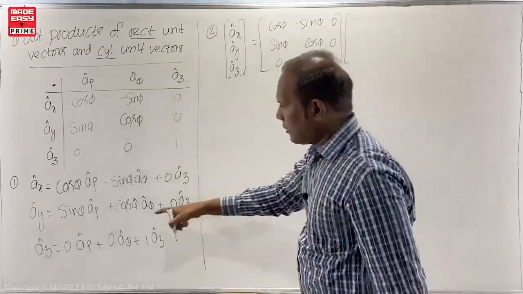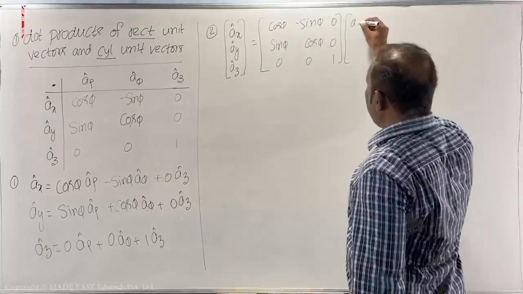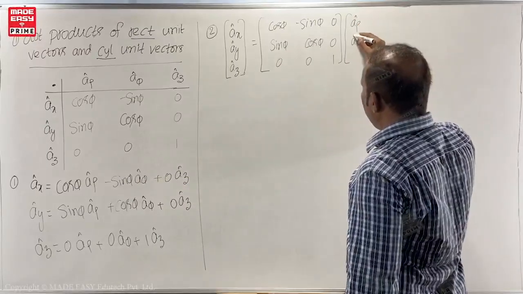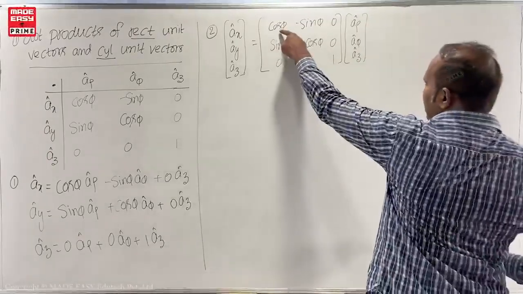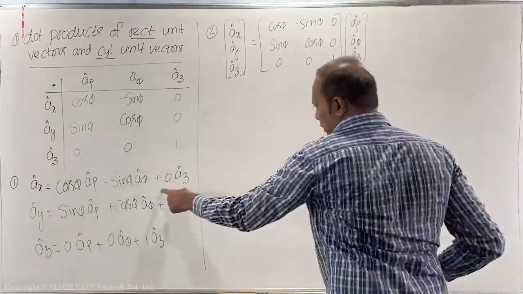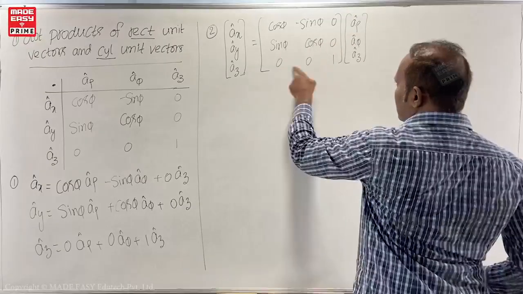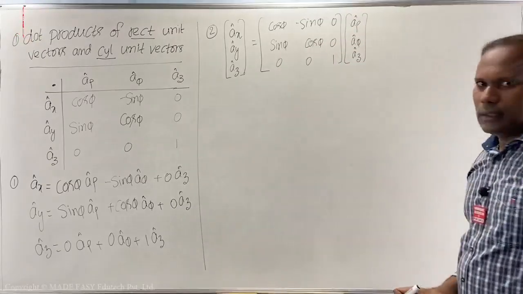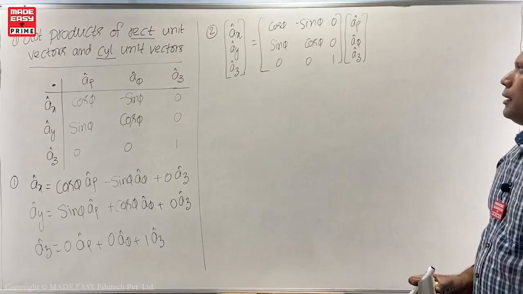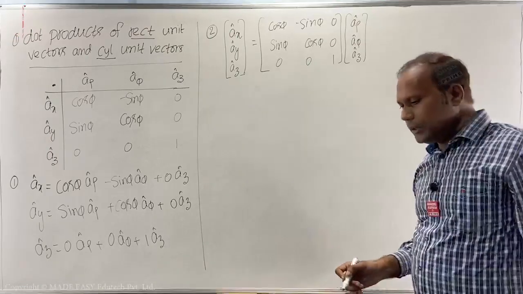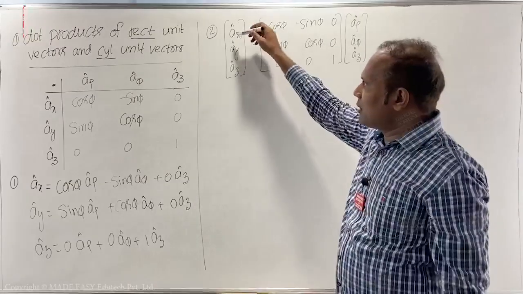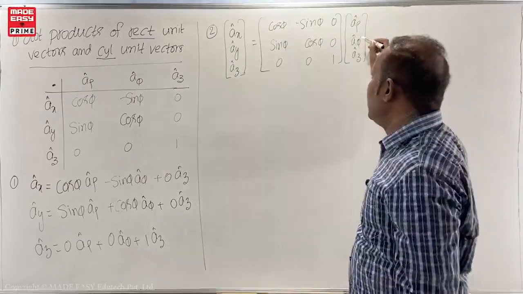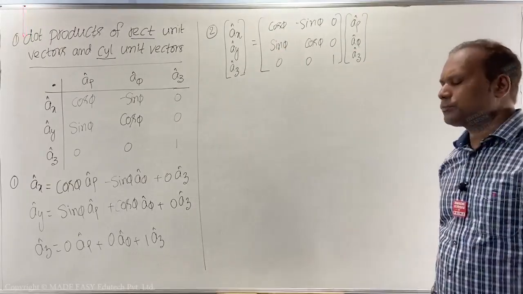Then here you have a rho cap, a phi cap, az cap. So you multiply this into this, you get this one, this into this into this, like that. So this matrix gives a relation between unit vectors of the rectangular system and the cylindrical system.